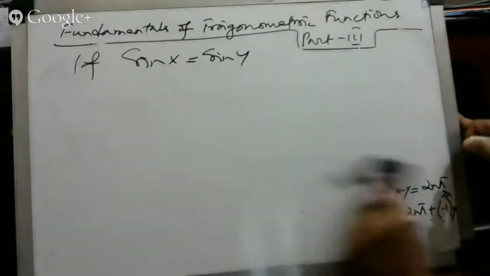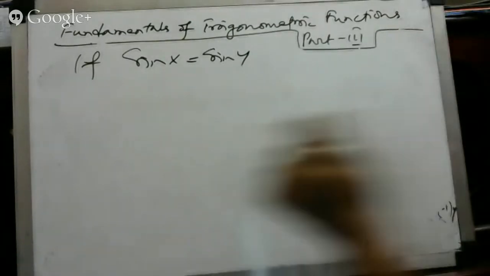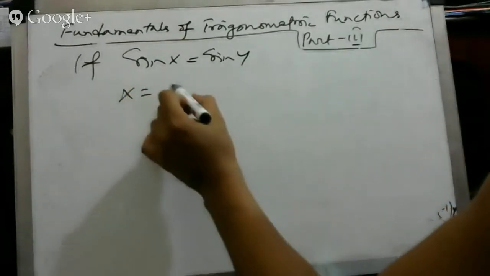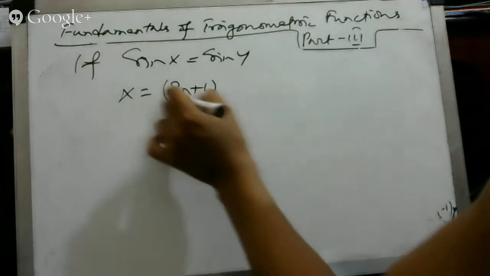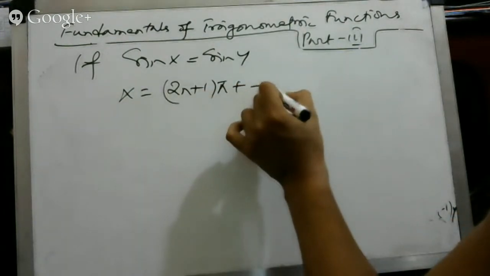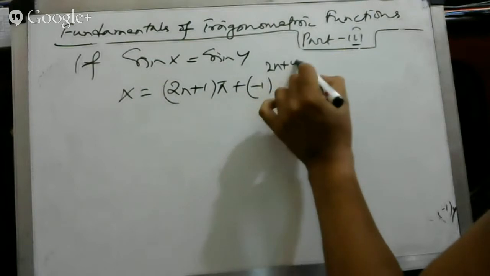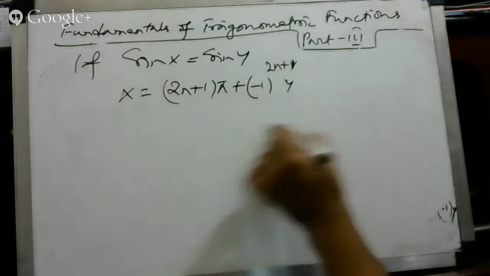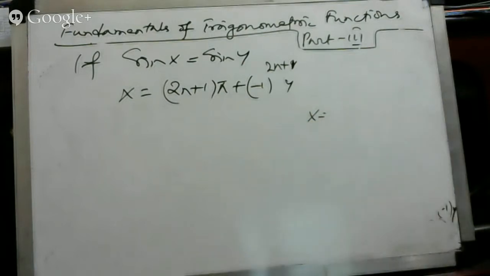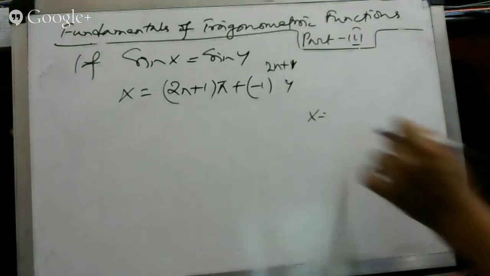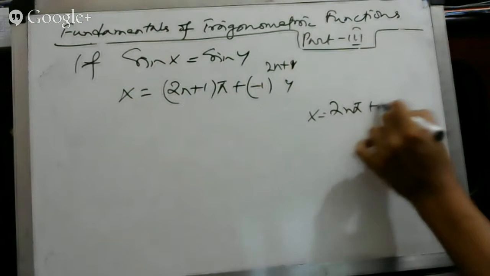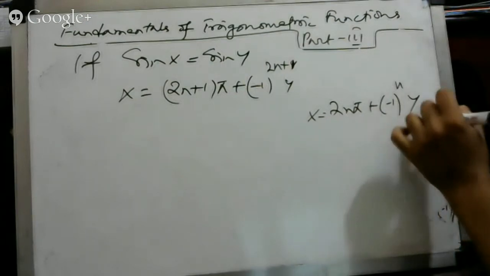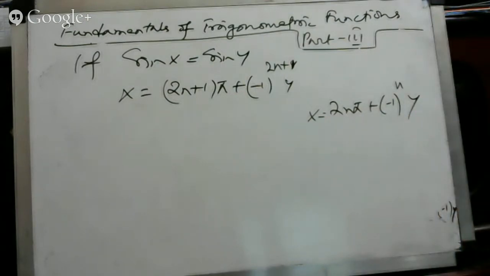What we are combining is, let me write this again. The first one we got x is equal to (2n plus 1) pi plus minus 1 to the power of (2n plus 1) y, and the other one we got x is equal to 2n pi plus minus 1 to the power of 2n y. Right?